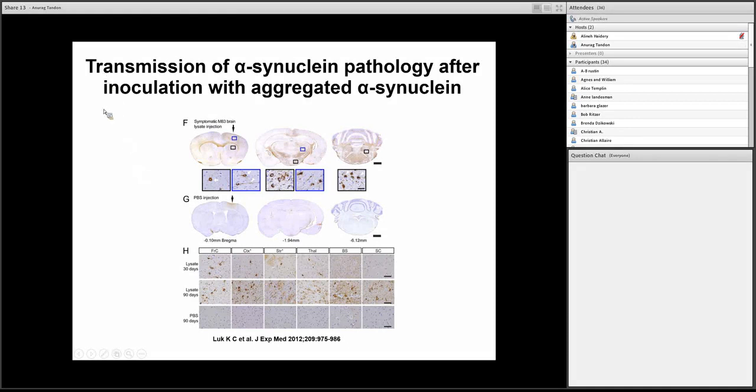much like we're doing with the cells, you could actually transmit alpha-synuclein pathology in a mouse brain by injecting fibrils.